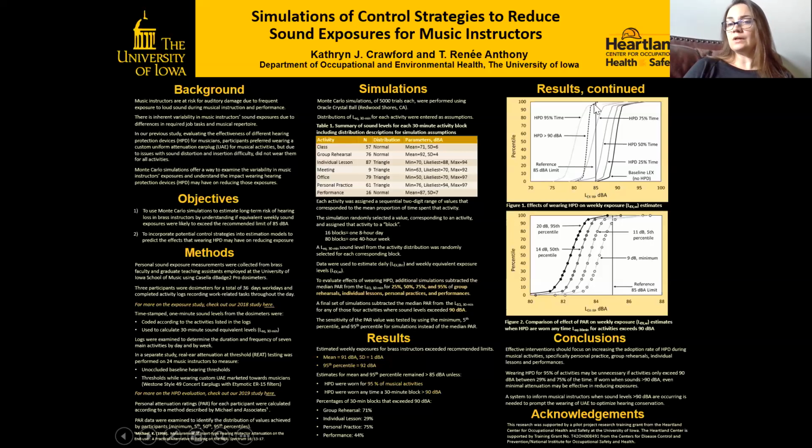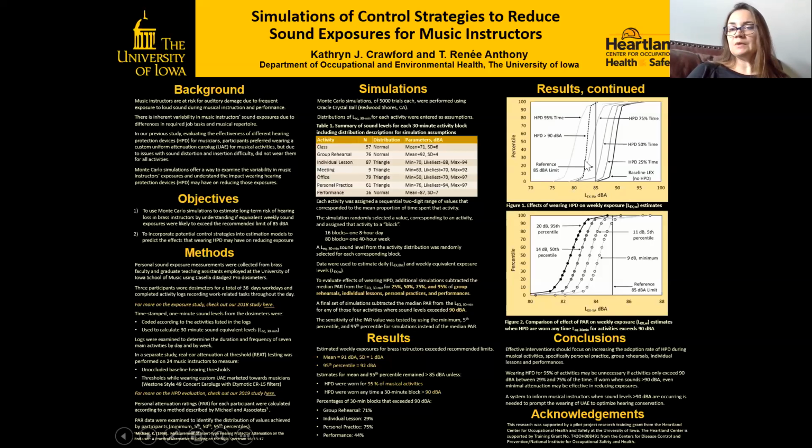And ideally, we want to be below this recommended limit, right? We want to be to the left of this 85 decibel limit line. And so we're not actually seeing that happen until the devices were worn 95% of the time. And even then, there's still a potential for overexposure.